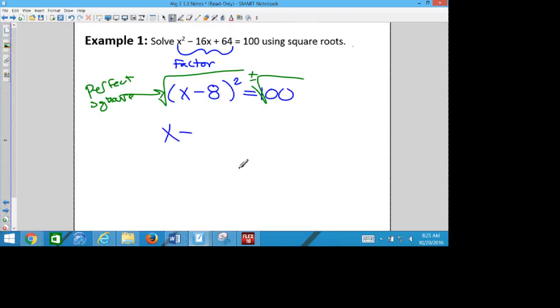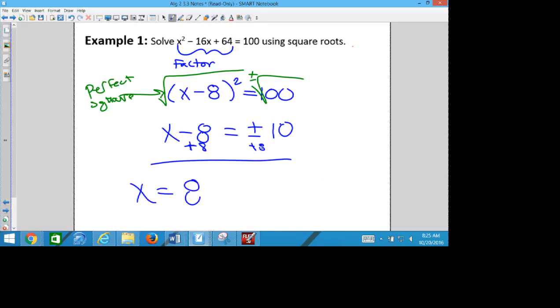So now I have x minus 8 equals plus minus, and do we know the square root of 100? 10. Okay, from here, we're now going to move the 8 over by adding 8. So I have x equals, I'm going to put that 8 in front, plus minus 10.